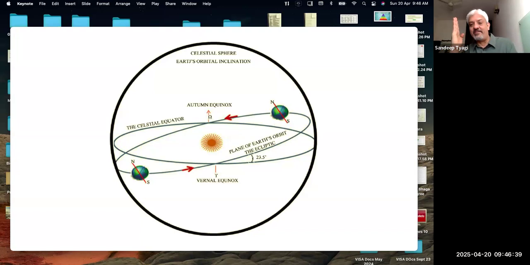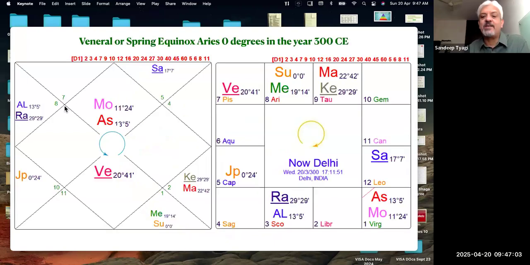Where I was, let's say, a few thousand years ago on Earth, the point from which I was observing the skies has shifted a little bit. So all the planetary positions that I observe from Earth have actually undergone a little bit of a change. And that is where the idea of ayanamsha comes in, okay?